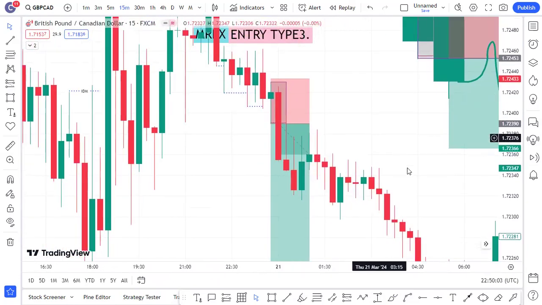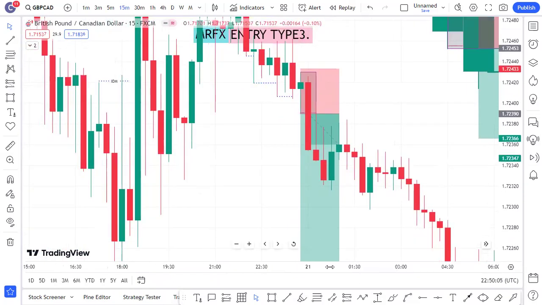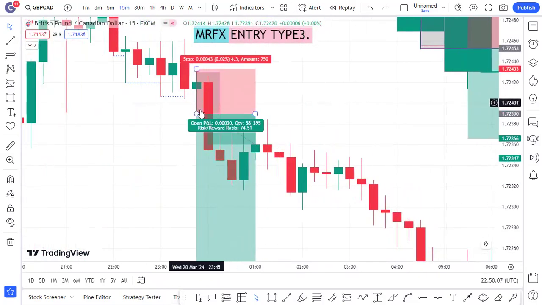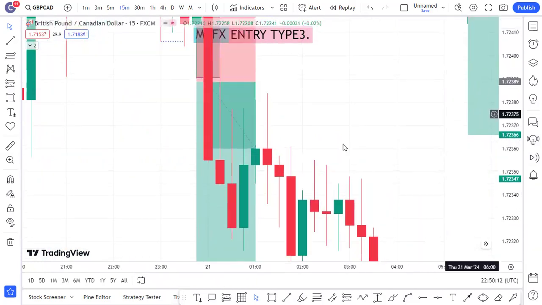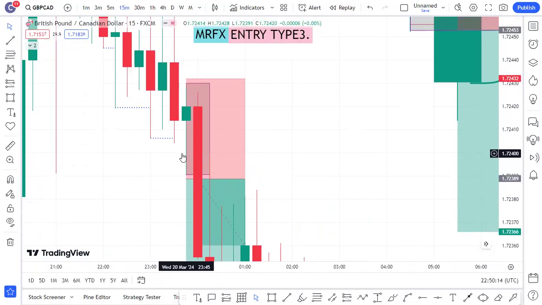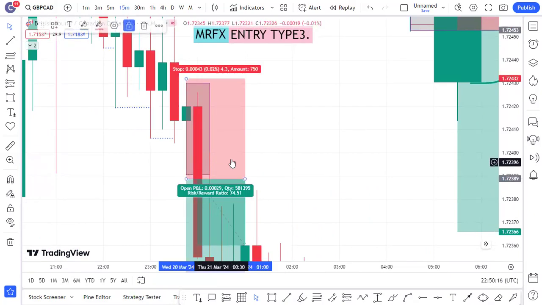You see, this is the first entry. Why? Because if you look at it, this candle after closing, just look at it. After closing the body, right here, I just want to make everything clear. Our entry is supposed to be here.